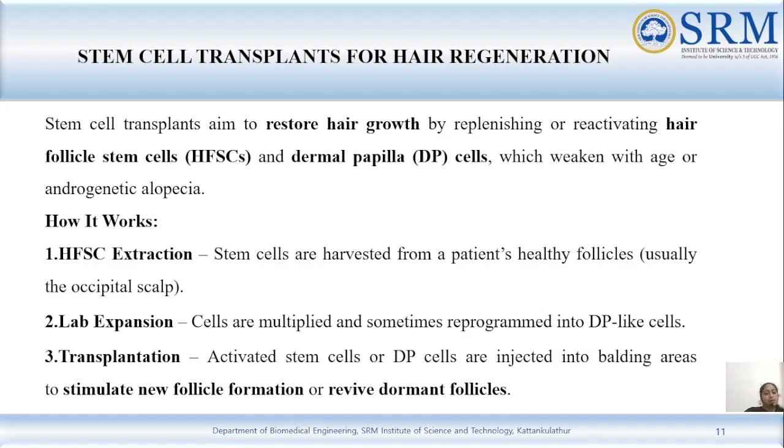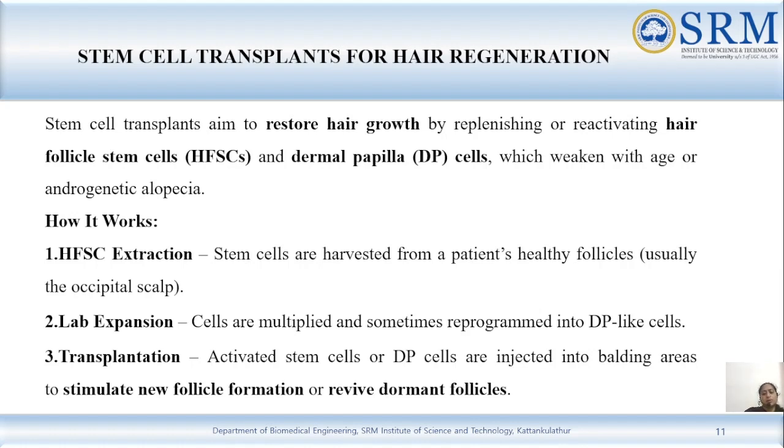Once the stem cells are taken, lab expansion is generally needed. In lab expansion, the cells that are extracted are multiplied and sometimes reprogrammed into dermal papillae like cells. In many cases you can just grow and expand the population of cells, because the stem cells you get are very few in number.